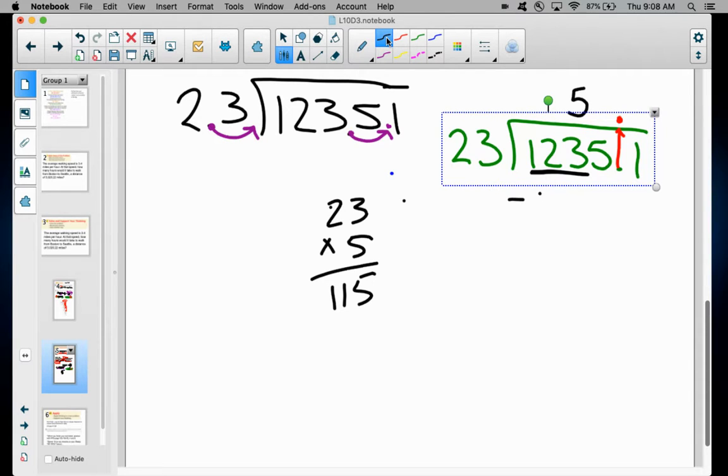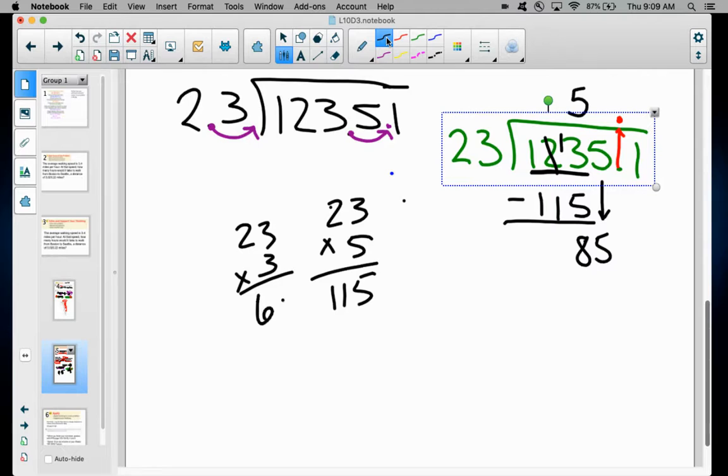So we're going to subtract by 115. And when we do, we get an 8 when we trade and do all of that fun stuff. We're going to bring down the 5, and we can do a little multiplication on the side to find out that 23 times 3 is 69. That's as close as we can come.